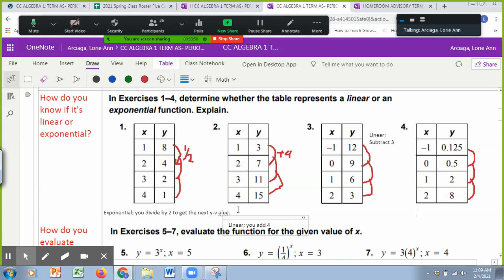So is the last one linear or exponential? And why? How do you do it if there's a decimal? Maybe you look at the ones that you know very well, like from the 2 to the 8. How did the 2 become an 8?